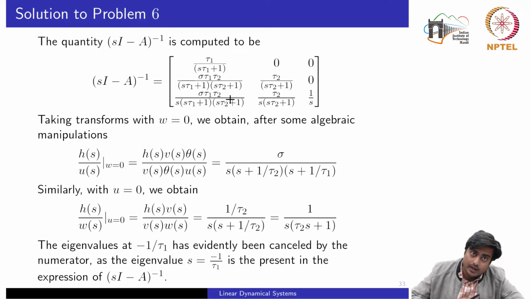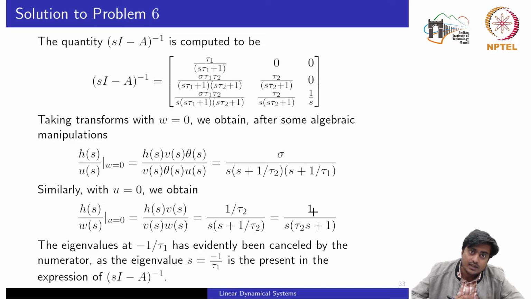Now if all the eigenvalues are visible in the transfer function, it means that I can control the system represented by that transfer function. Okay, so if I see the transfer function H by U, I see all the eigenvalues are present here. Now if I see the other transfer function, H by W, we see that one of the eigenvalues, 1 by tau 1 or tau 1 s plus 1, is not available, meaning that it has been cancelled out by some part in the numerator.